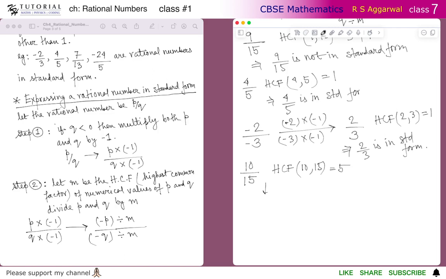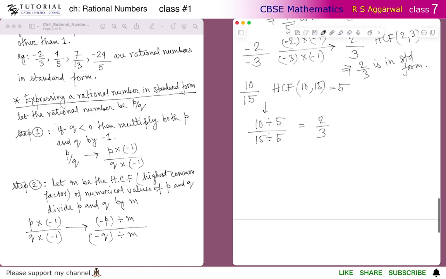I will divide both the numerator and the denominator by 5, and this becomes 2 by 3. So, the rational number 10 by 15 has been expressed in standard form as 2 by 3. They are both the same, equal, but 10 by 15 is not in standard form, whereas 2 by 3 is in standard form.